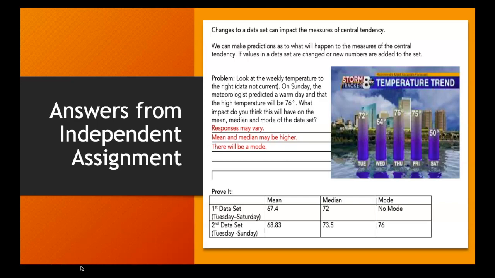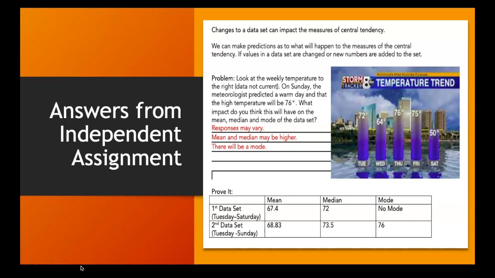What impact do you think this will have on the mean, median, and mode of the data set? So your responses could vary. I just placed in here mean and median may be higher, and there will be a mode based on the information from the predicted day. But I want to prove it.